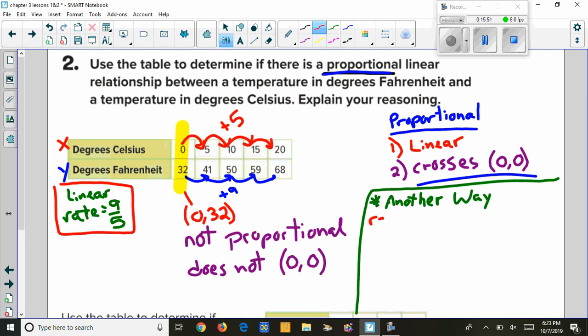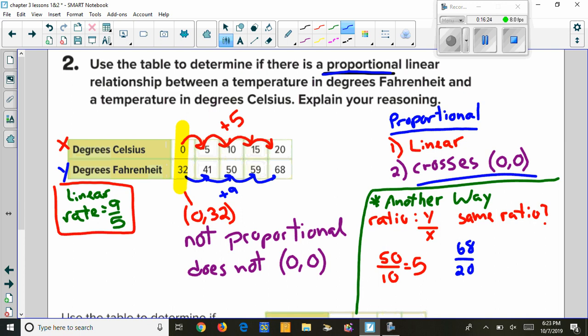If I make a ratio that is my y over x, I want to see if they are all the same ratio. For example, if I start with the 50 over 10, that equals 5. But what if I pick the 68 over 20? And when I reduce that, I get 17 over 5.